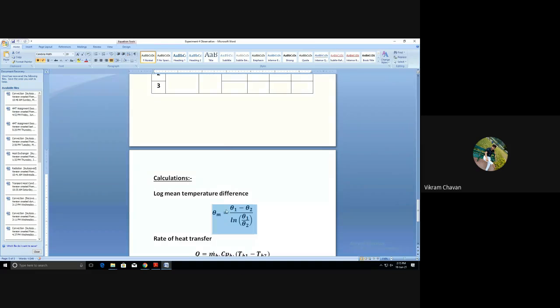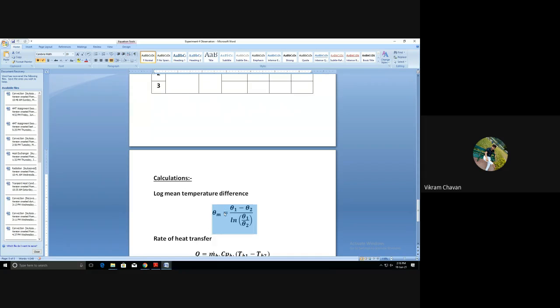Then if the ratio theta 2 to theta 1 or theta 1 to theta 2 is less than 1.7, in that case we have to go for the AMTD, that is the arithmetic mean temperature difference, and we take the average of theta 1 and theta 2, that you know very well. We have discussed these special cases in LMTD.